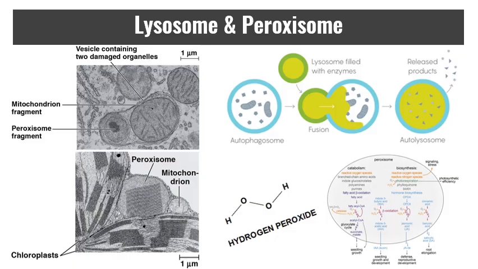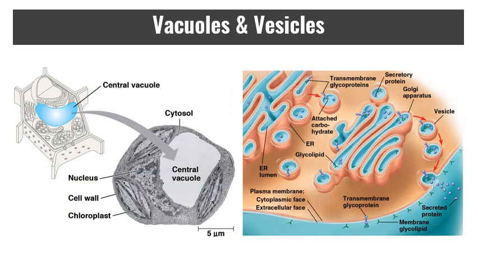Peroxisomes, made primarily by the smooth ER, are full of molecules that are capable of producing hydrogen peroxide. So this is going to have a combination of catabolic effects, biosynthetic effects. It's necessary for photorespiration, but it also is a major detoxifier. It makes sense that the organelle that detoxifies helps produce the other organelle that detoxifies.